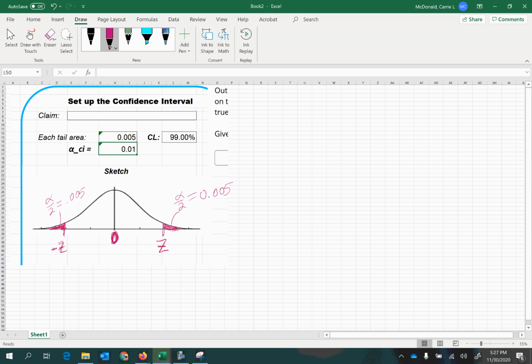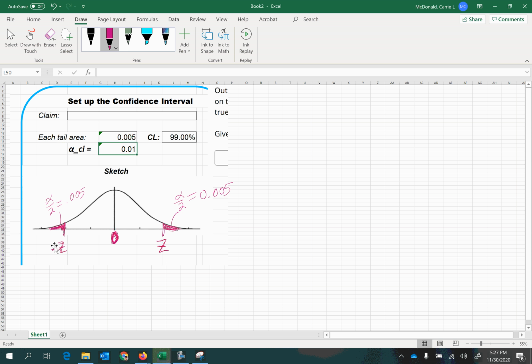And we're going to do that using the standard normal distribution. Now you can use a z-score table, start on the inside and look up an area of 0.005 and find your z-score by working your way out, like we've practiced previously in other lessons. Or you can use the Excel function norm.inverse.